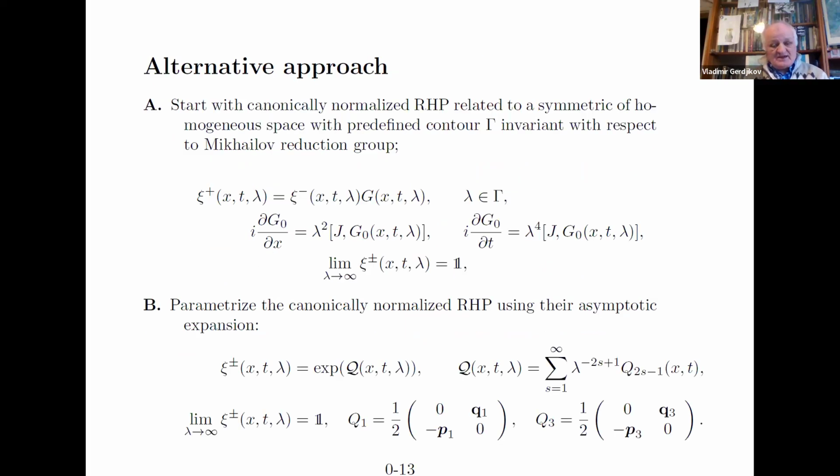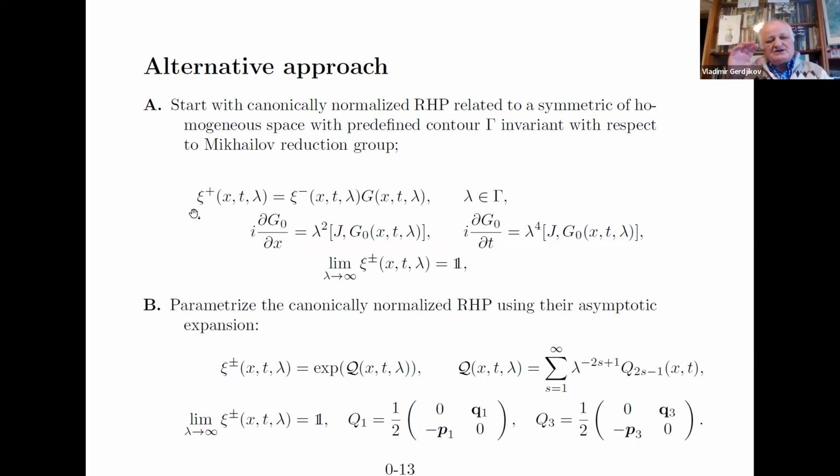Okay. Let me now try to formulate my alternative approach. So let us start with a canonically normalized Riemann-Hilbert problem related to a symmetric or homogeneous space with predefined contour gamma invariant with respect to the Mikhailov reduction group. So I'll keep here the simplest non-trivial case, and you will easily guess, when you have a different Mikhailov group, how to reformulate the problem and do all the rest.